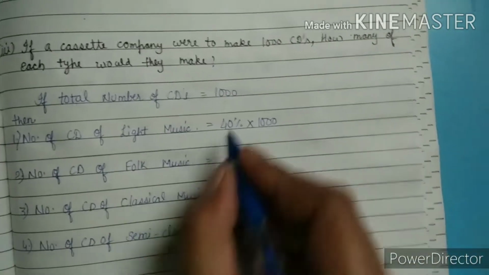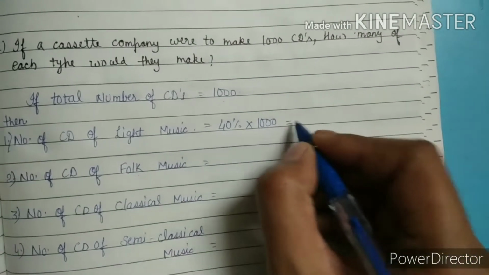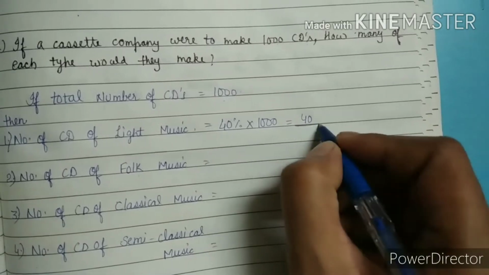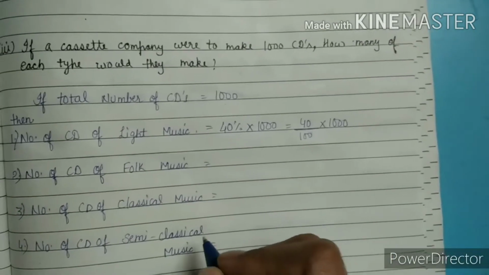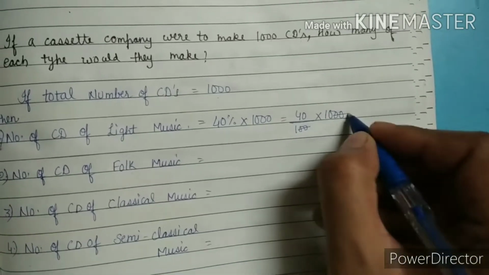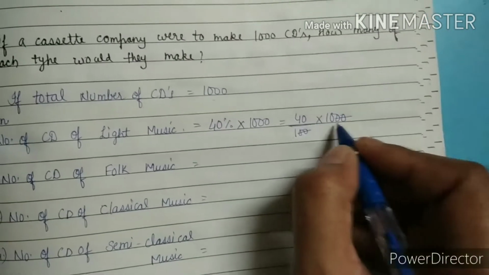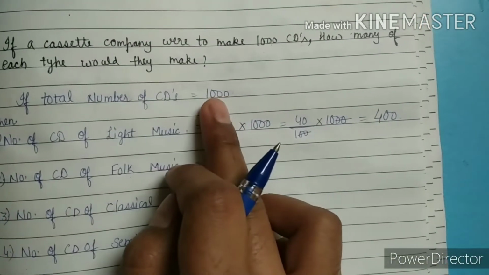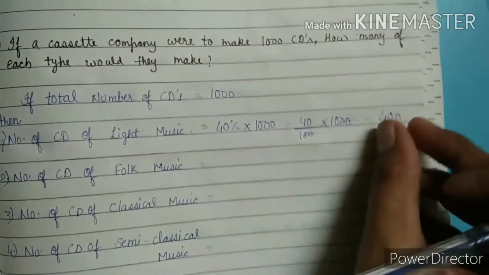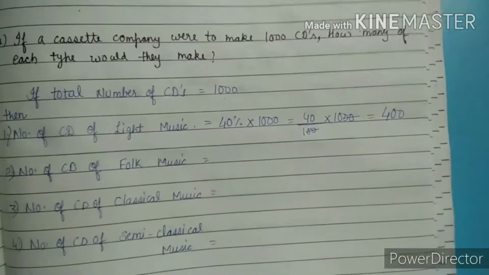Now when we remove the percentage symbol from 40, it is 40 divided by 100 multiplied by 1000. 00 to 00 cut, and 40 into 10 will give us 400. It means from 1000 we will make 400 CDs of light music.